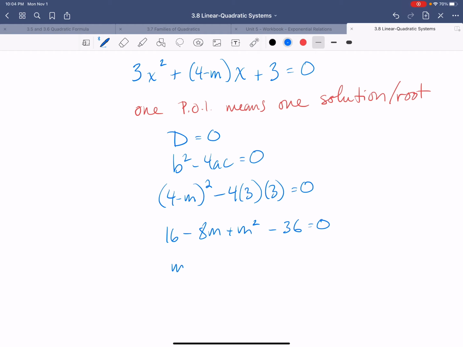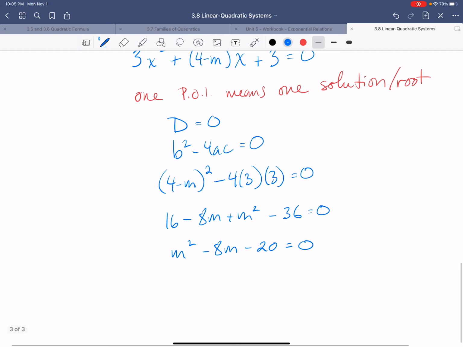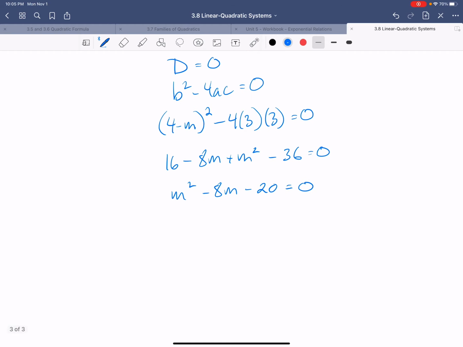So if I rearrange this, I get m squared minus 8m minus 20. So I have a quadratic that's equal to 0, and the way we solve that is by factoring. So let's get it to factored form.